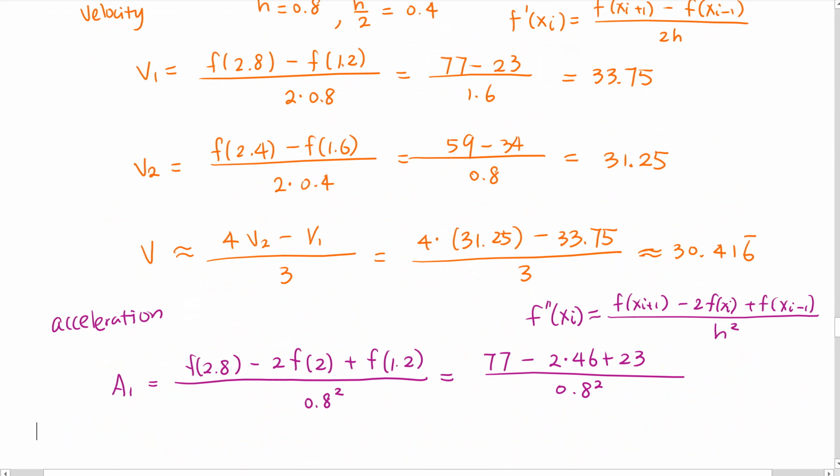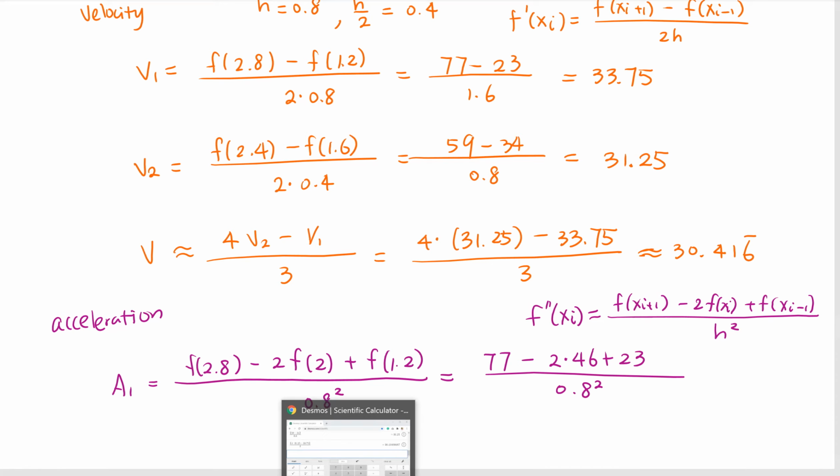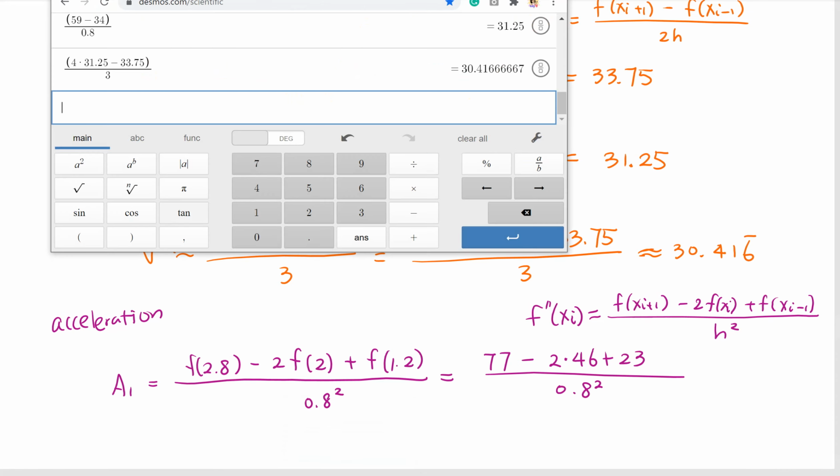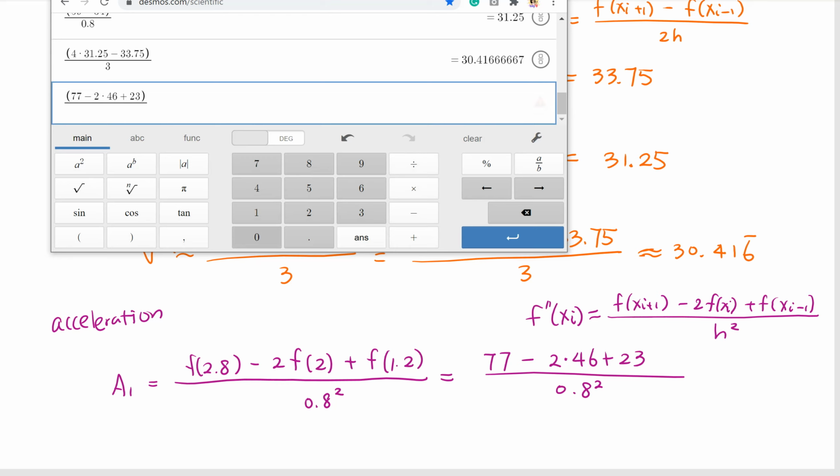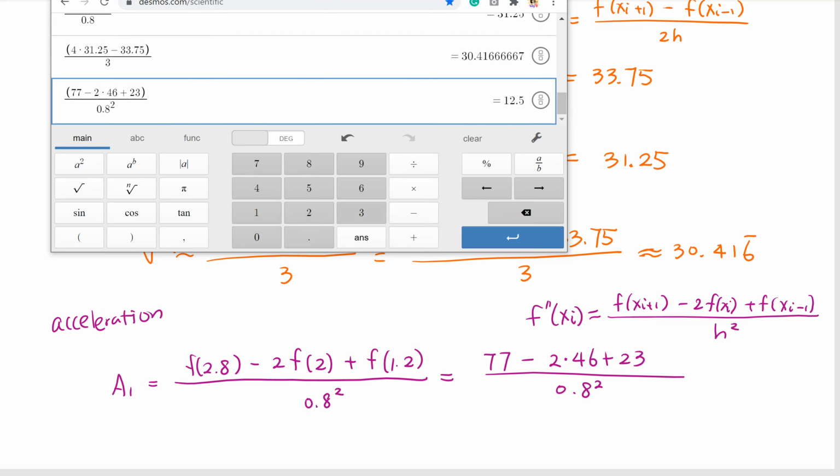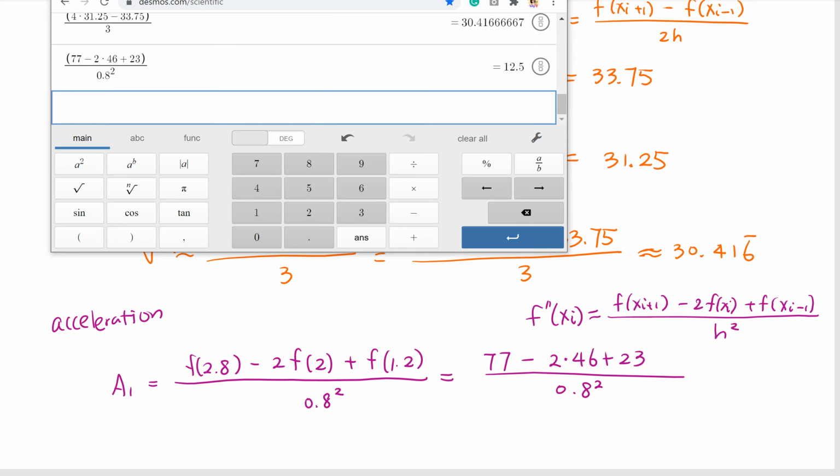Okay, let's plug this into our calculator. 77 minus 2 times 46 plus 23, and then divided by 0.8 squared. Okay, 12.5 is our answer.